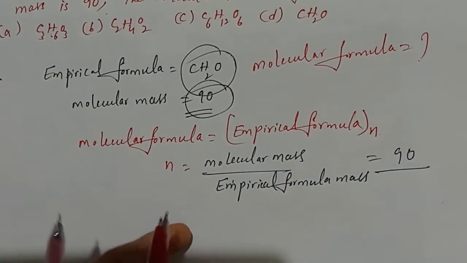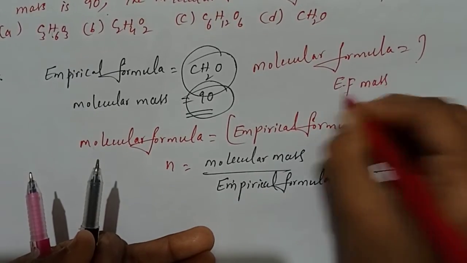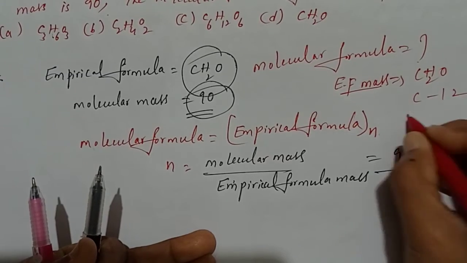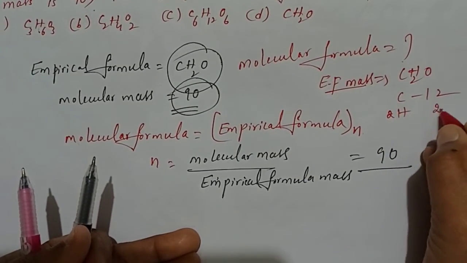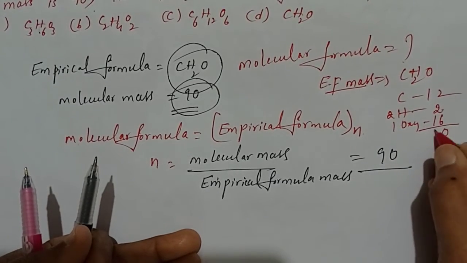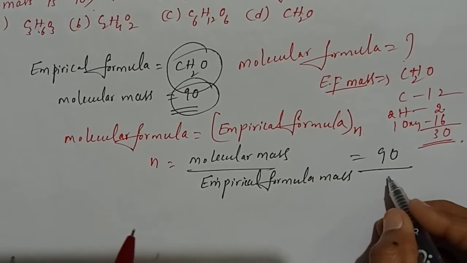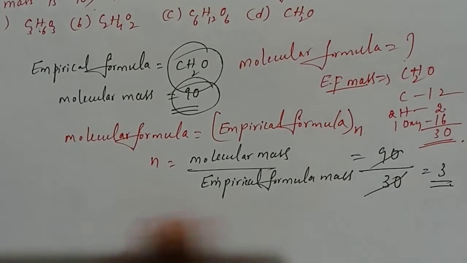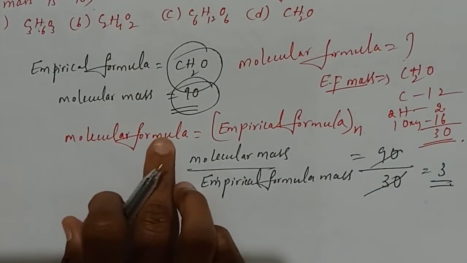Calculate the empirical formula mass first. Carbon 12, 2 hydrogens 2, 1 oxygen 16, total 30. Empirical formula mass is 30. So how many times? 3 times. So N value is 3. Substitute this value here, then you will get the molecular formula.